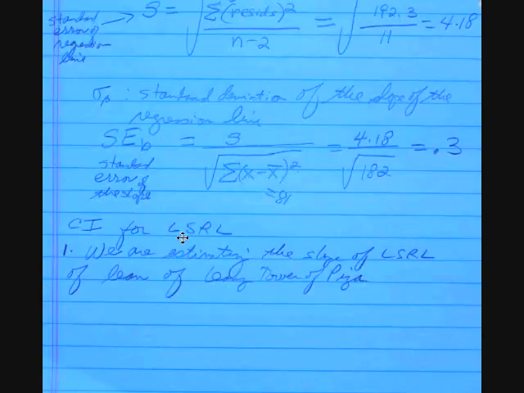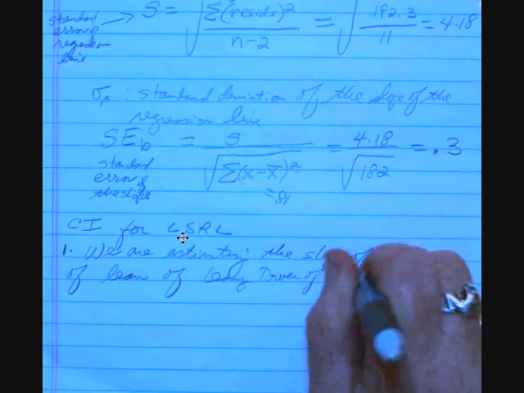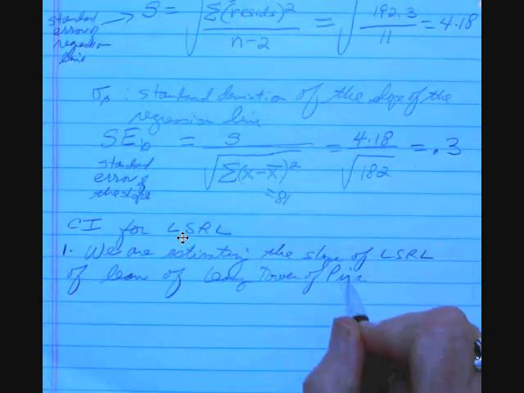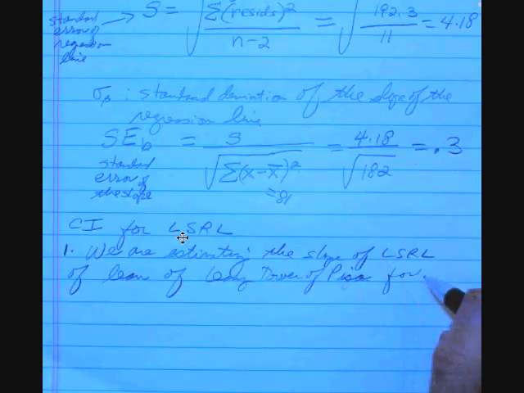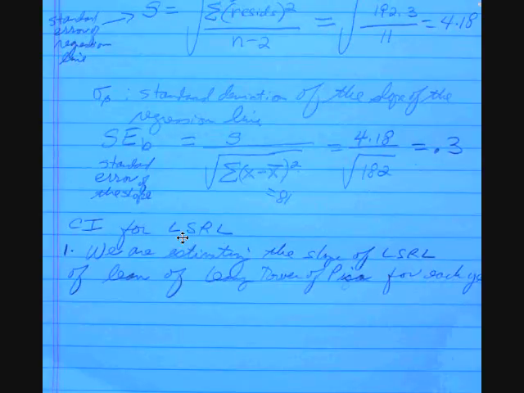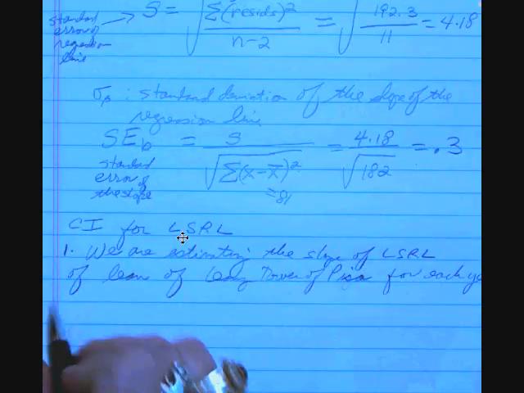P-I-S-A. Come on. Got anybody? No Italians in the class here? Okay. And these go for years. Okay. So there's some description of my population and a description of my parameters. Slope of a least squares regression line. Okay.